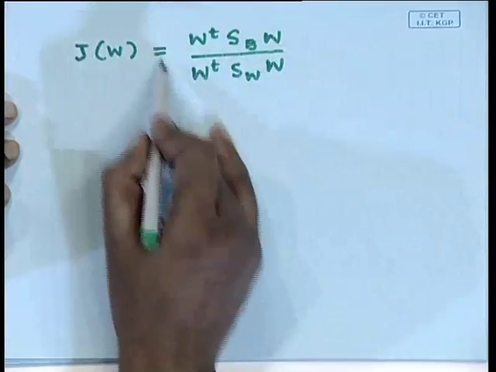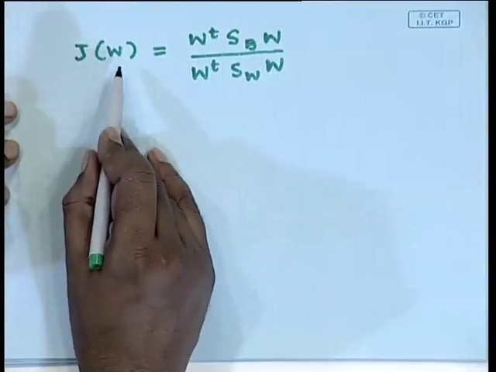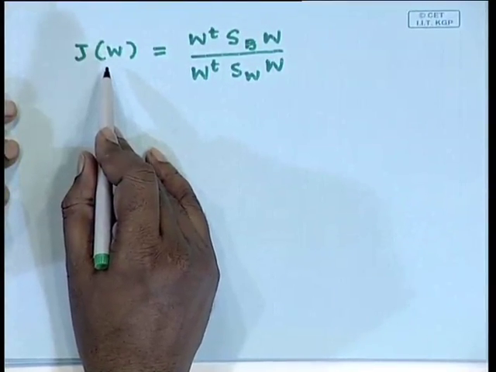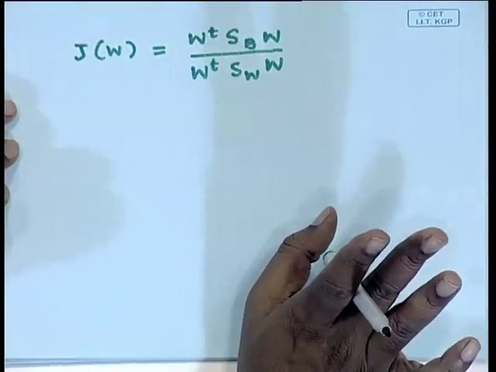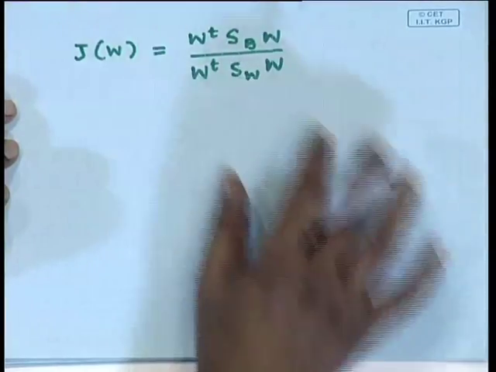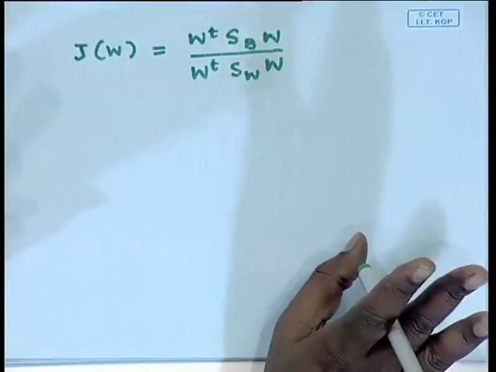What we have to do is maximize this ratio by varying the vector W, and W gives you the projection direction. That is tedious mathematics, so without going into tedious mathematics, let us see what the solution is.